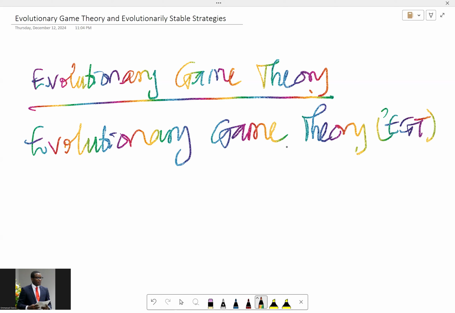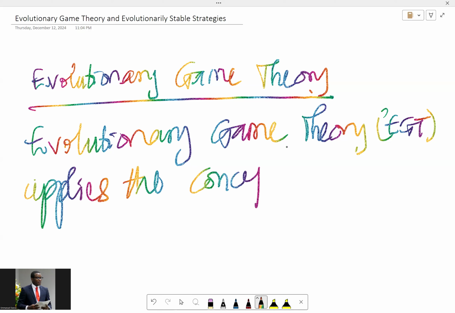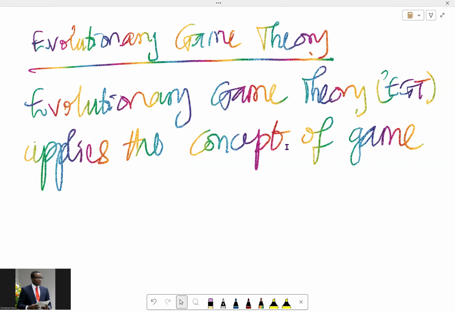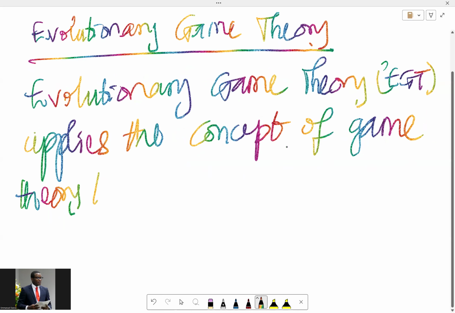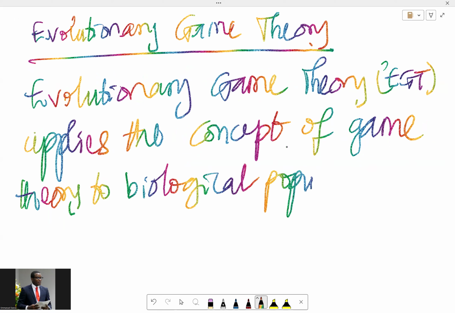Evolutionary game theory, or EGT, applies the concept of game theory to biological populations. Of course, evolution is a biological concept. It's one of the most important concepts in biology. So when we bring that into game theory, we have evolutionary game theory, the application of the concept of game theory to biological populations.